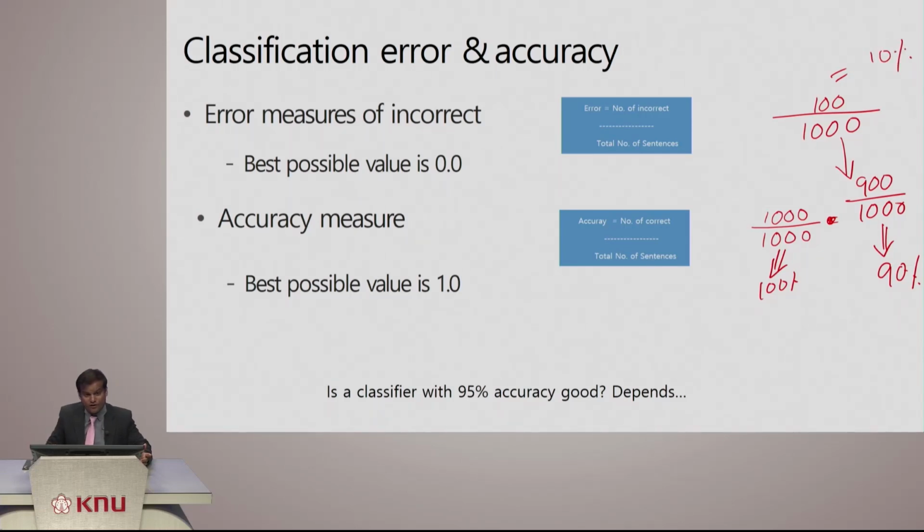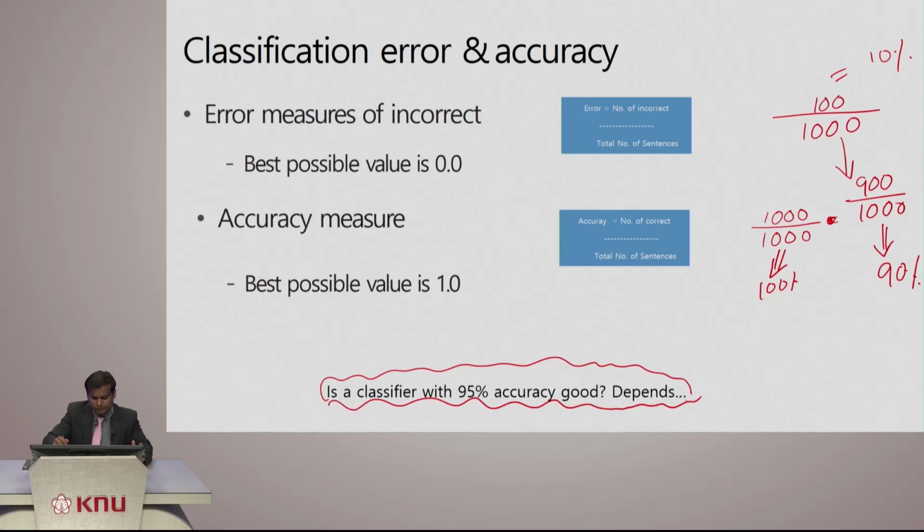So that's the thought. And one final thing with regards to classification error and accuracy, there is something that we need to understand as far as classifiers are concerned. Is a classifier with 95% accuracy good? Well, it depends.